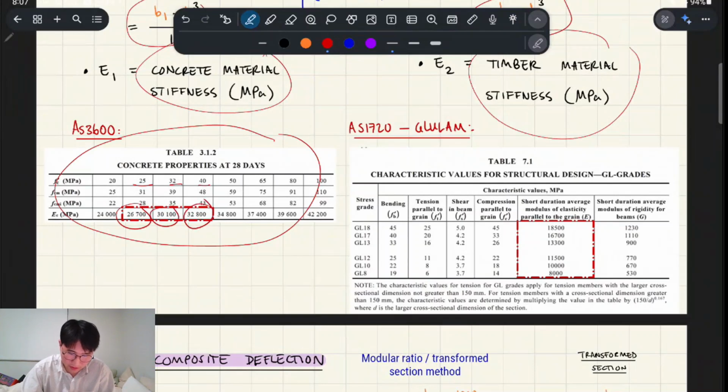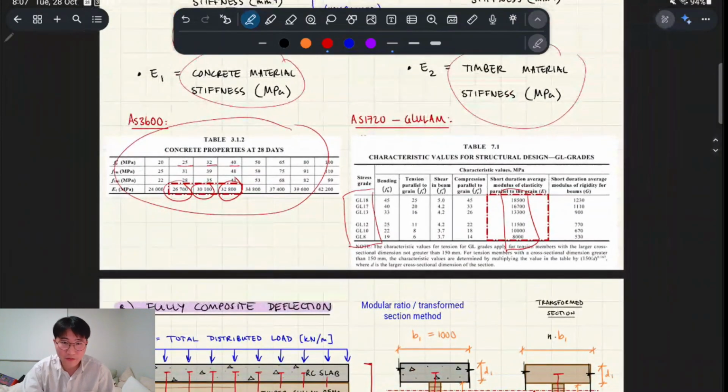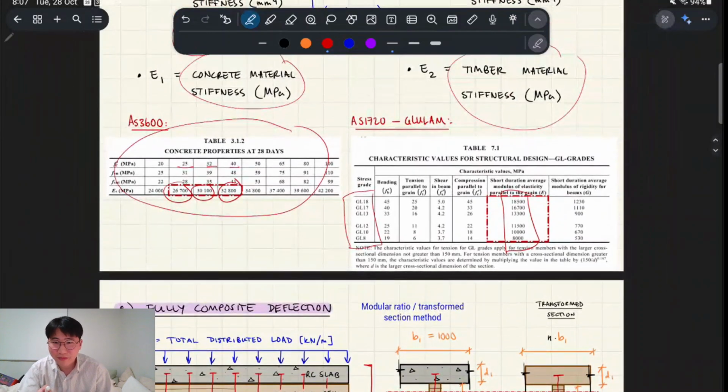And for glulam, those are your values based on your stress grade for glulam in the Australian code, right? Now it gets confusing because we're referring to the Australian code for glulam, but later when we start doing the stuff you can only do from the Eurocode, we're going to be using the Eurocode glulam values.